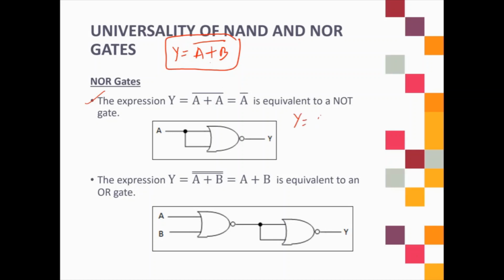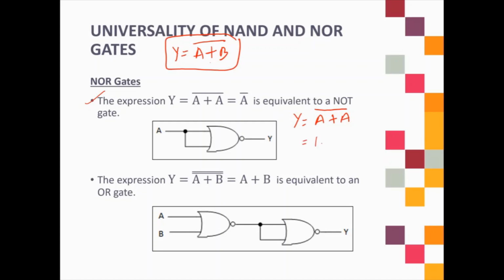So A plus. Okay, you need to have another variable, but in this case because we want to draw NOT, there is only one variable, so we have to plus it with itself. Right? So this one you will get A bar. Why?